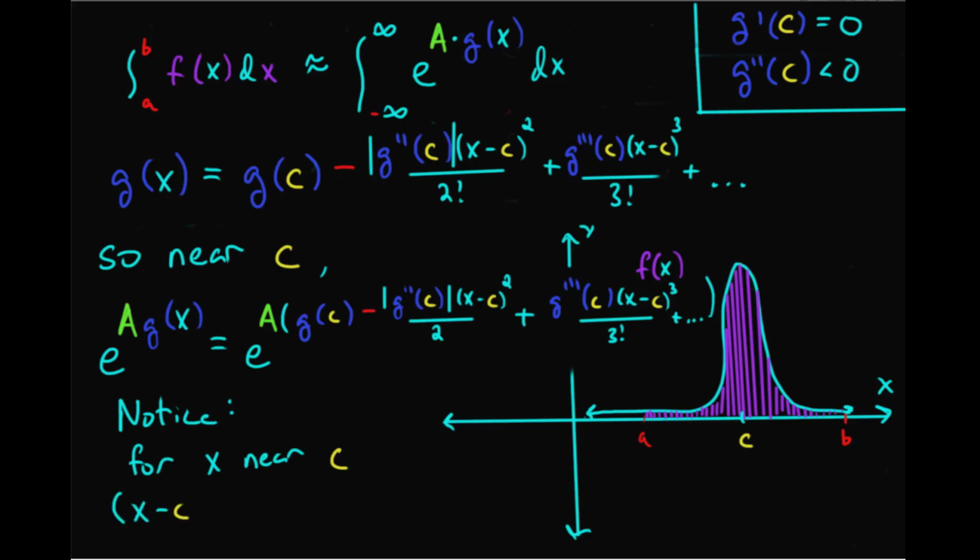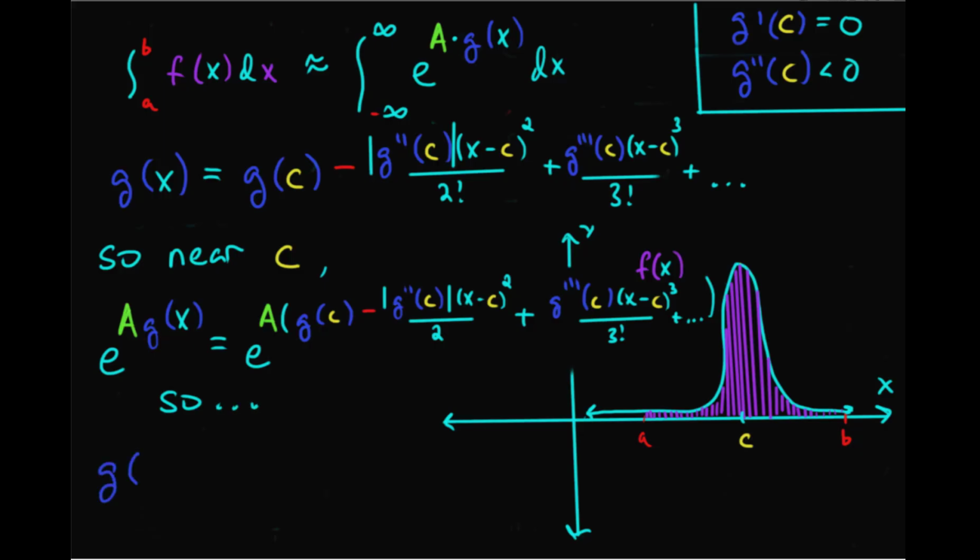And notice something else, that for x near c, those higher order terms like x minus c cubed over 3 factorial or x minus c to the fourth over 4 factorial become vanishingly small.